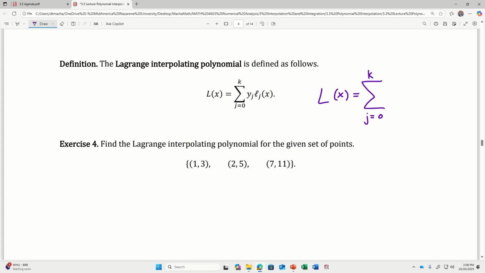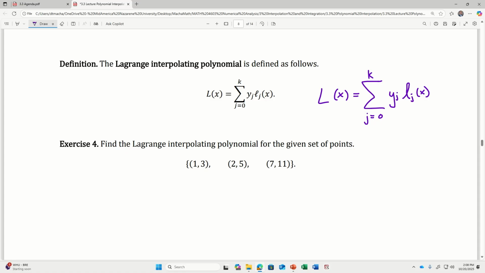In other words, there's going to be k plus 1 terms in the sum, and every one of the terms is going to look like the y coordinate of the jth point in my set times the jth Lagrange basis polynomial. So those Lagrange basis polynomials we just found show up in the formula for the Lagrange interpolating polynomial.